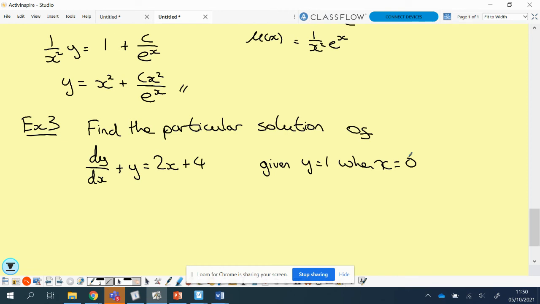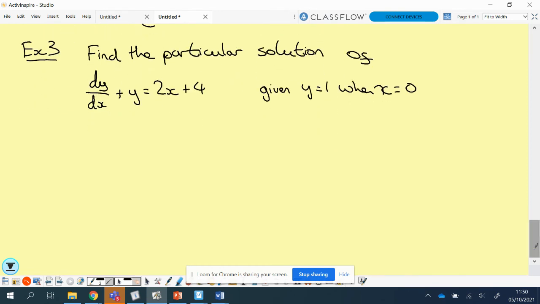So, to start ourselves off, let's get our functions that we're going to need. P of x, that's the function attached to the y. Well, that's just 1. We've only got a 1 multiplying that y this time round. Q of x, that's what's on the right hand side, which is 2x plus 4.